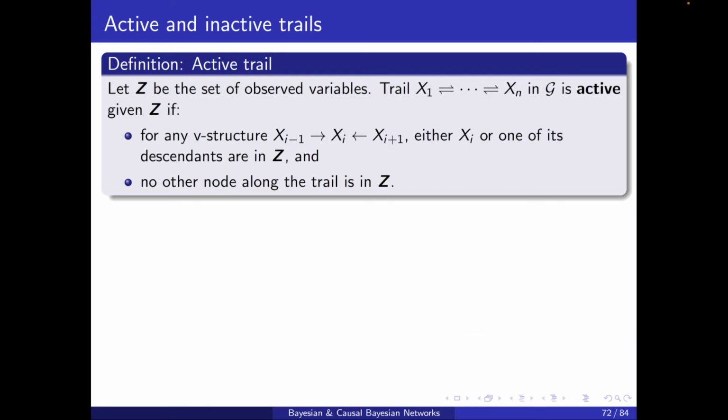Good. Now we want to make things more formal. Definition, active trail. Let Z be the set of observed variables, and we say a trail x1 to xn in G is active given Z if, for any V structure, we know that either xi or one of its descendants is in Z, and no other node along the trail is in Z. So no other node is observed.